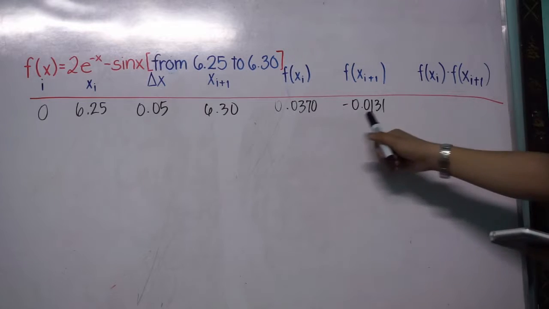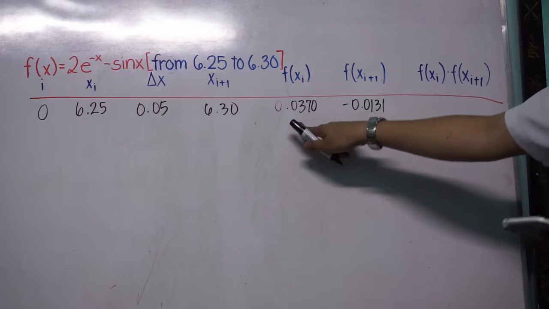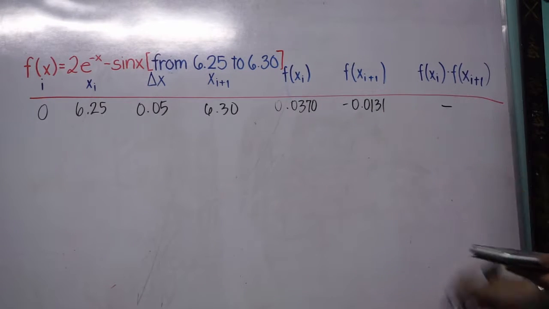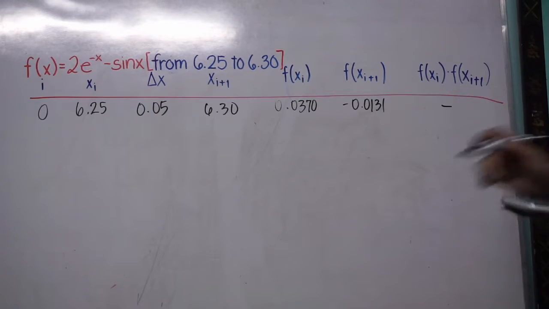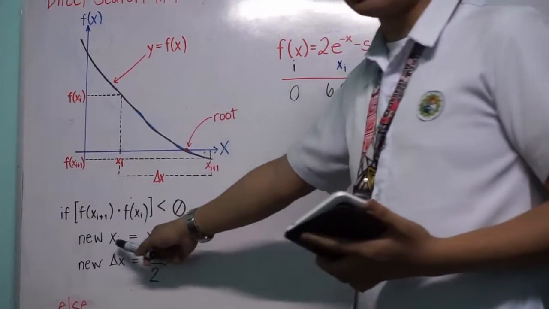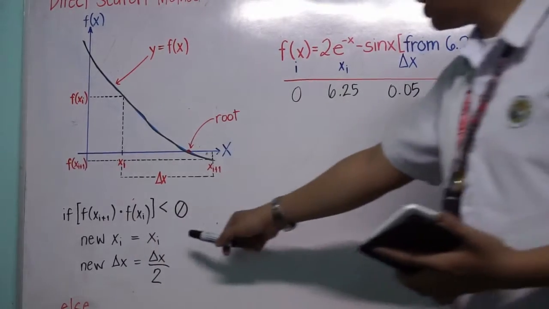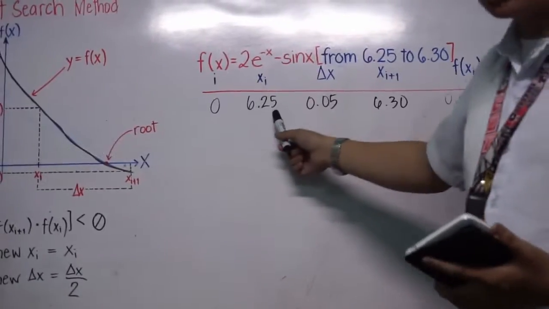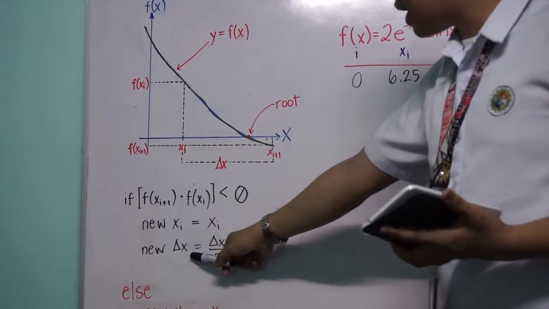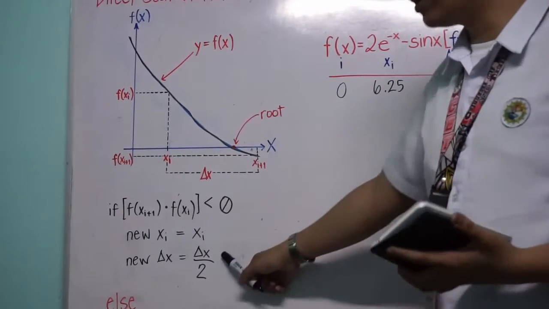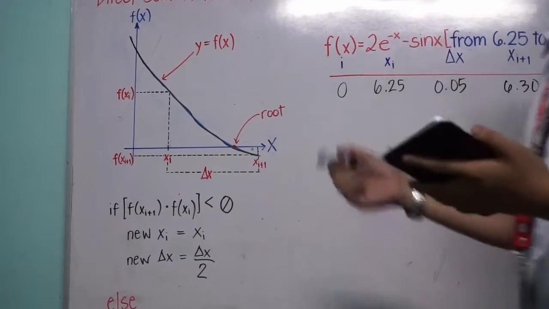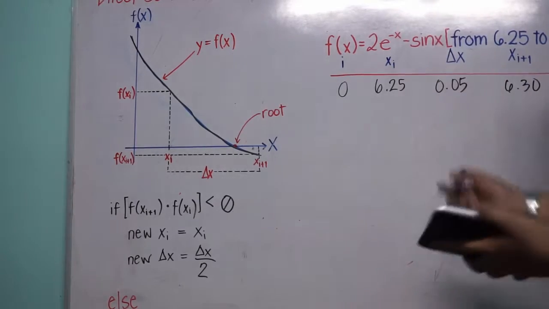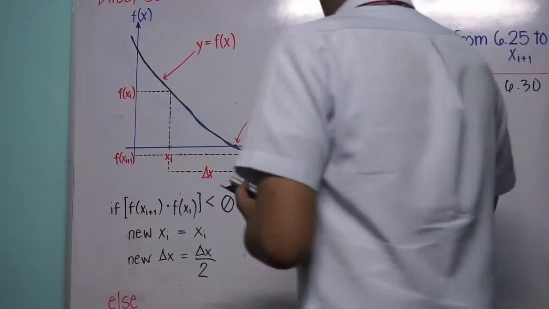The sign of the product is negative, which means that the new x_i at the next iteration will be equal to the x_i of the current iteration, and the new delta x will be equal to the delta x of the current iteration divided by 2.